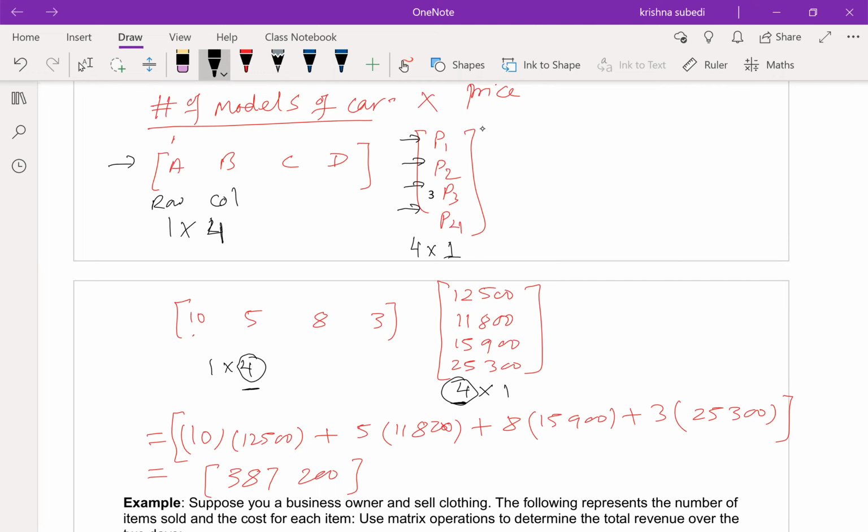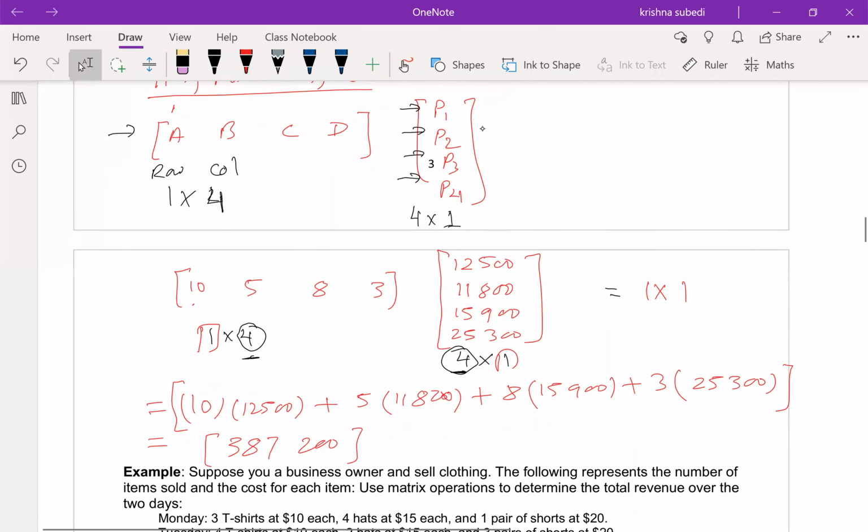We'll talk about that theorem after some time, but just keep that in mind. They must be equal. Otherwise, we cannot multiply these two matrices. Now, what is the resulting matrix? The resulting matrix will be this by this, so that is 1 by 1.